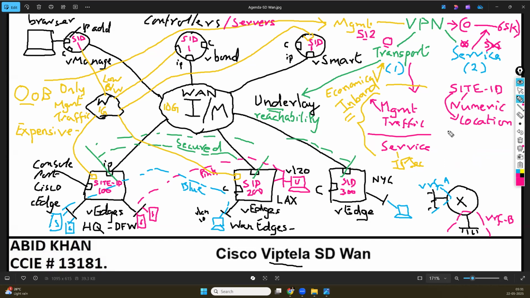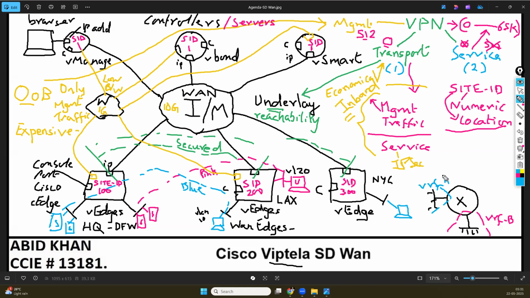Now next is what? Another important component in Cisco Viptela terminology. In traditional WAN routing, let's say we are using a routing protocol OSPF.